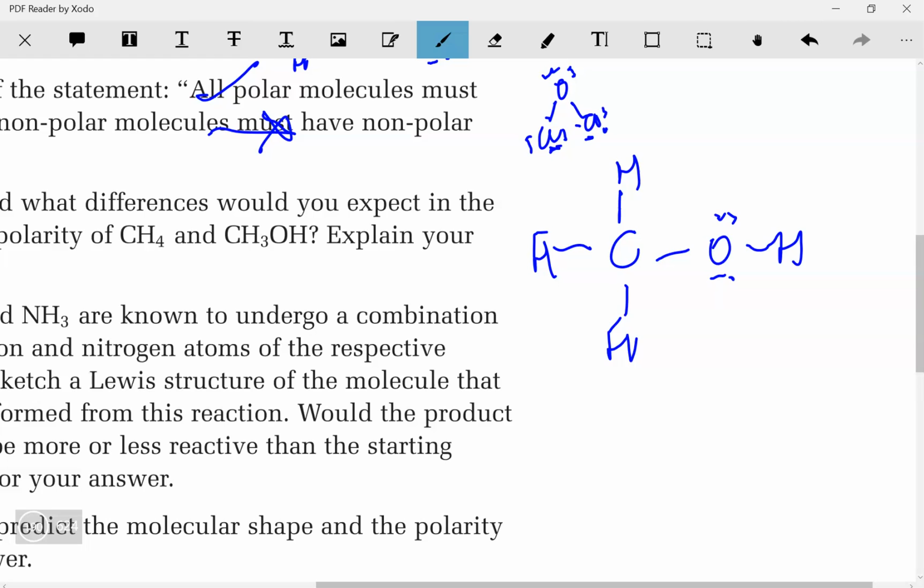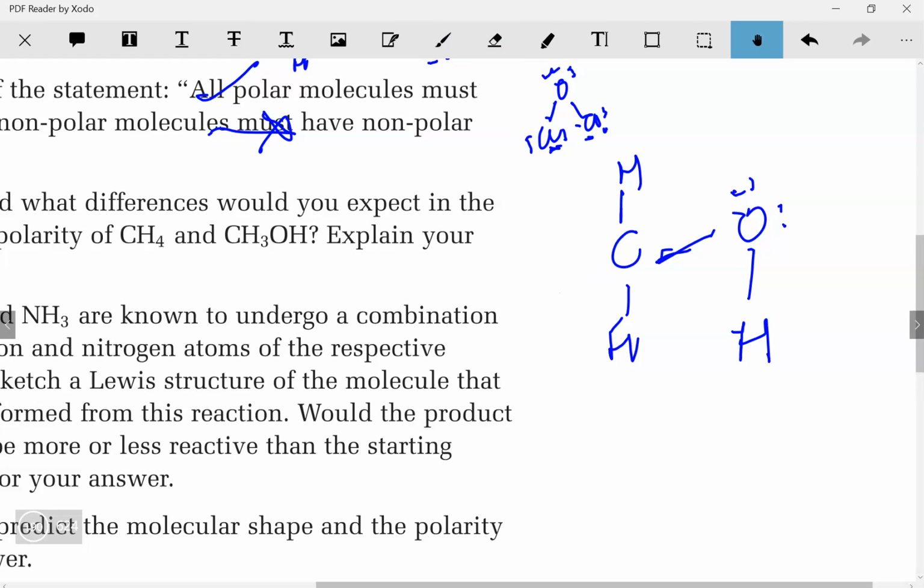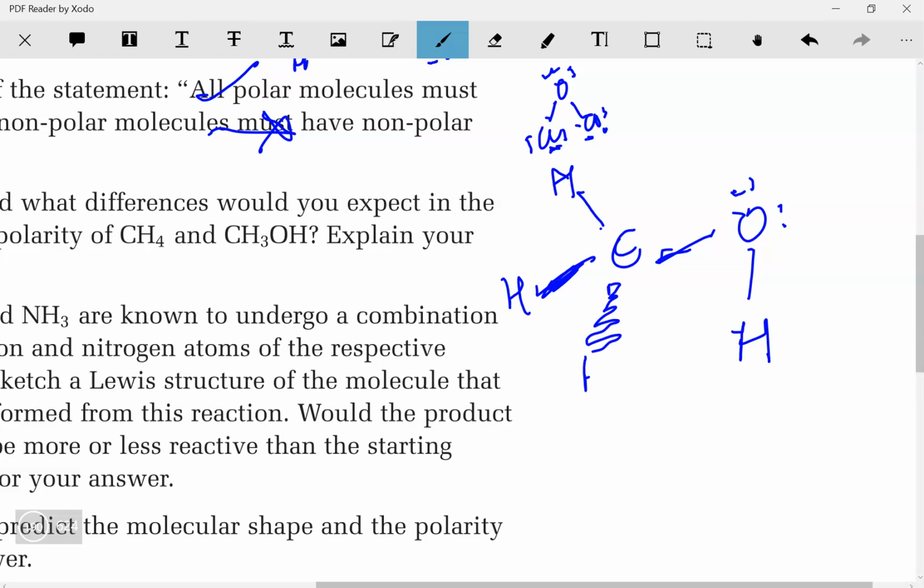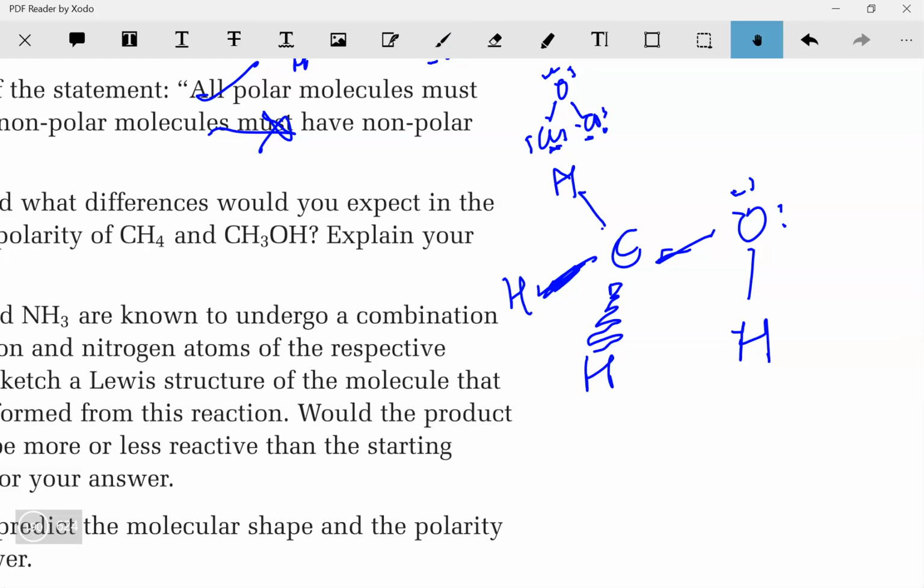So it's bent around this oxygen, and the rest looks like a tetrahedral structure. That is what the molecule is going to end up looking like.